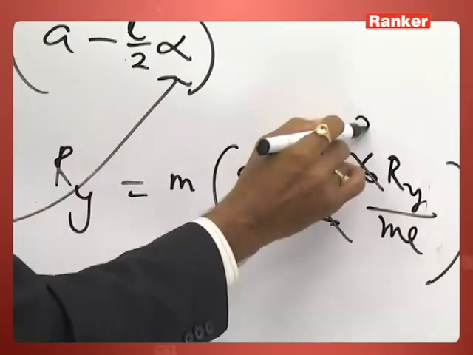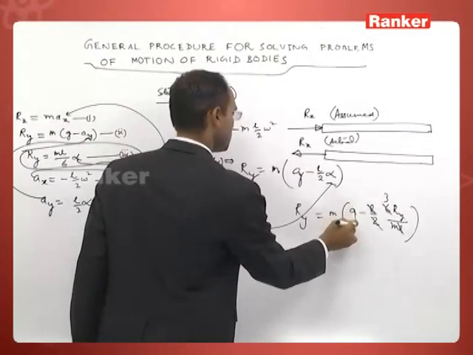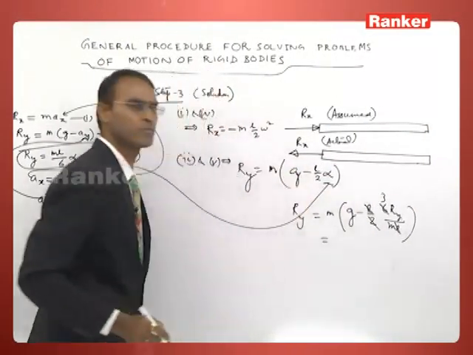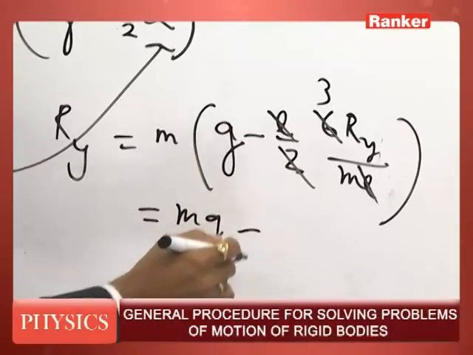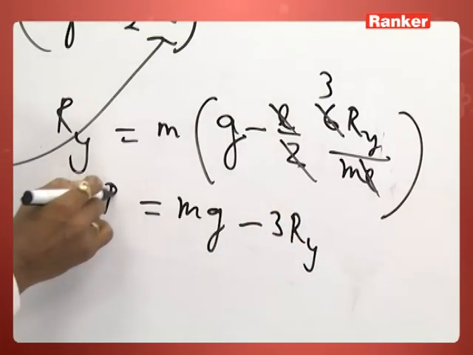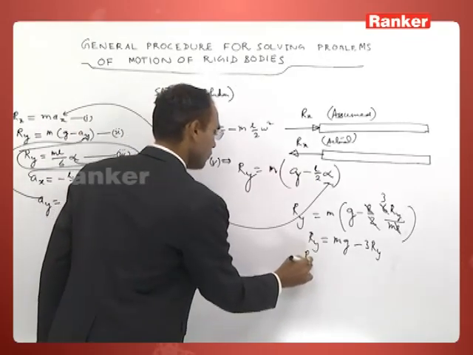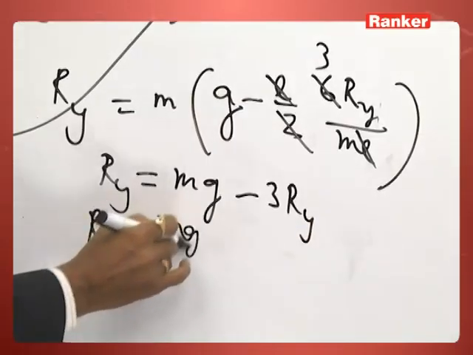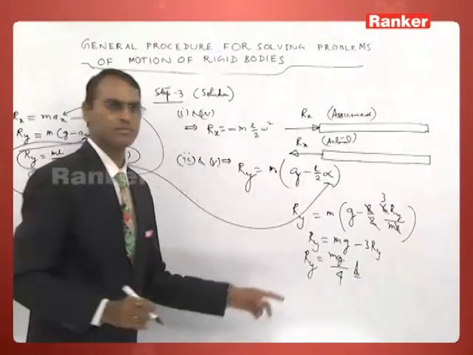This gives us, this is not a, this is g, mg minus 3 Ry is equal to Ry. And Ry is equal to mg by 4. This is the correct answer.